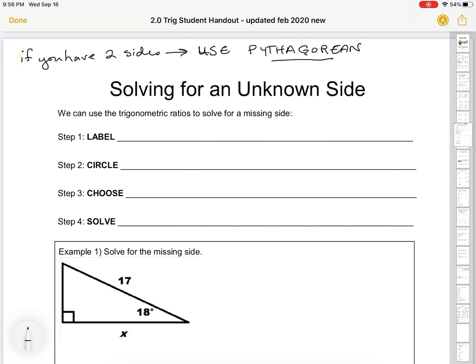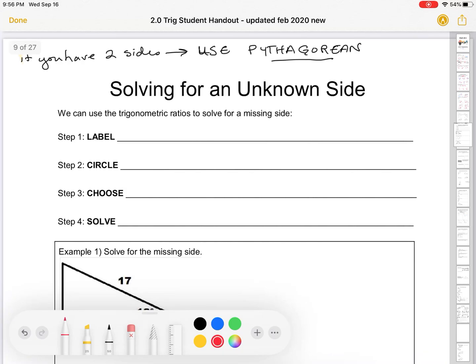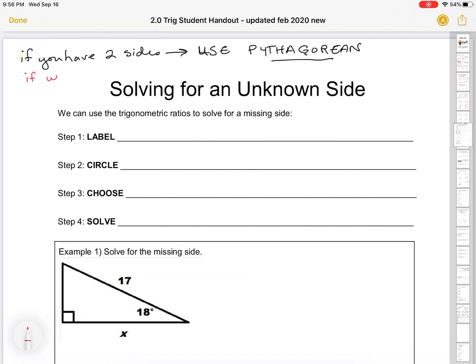A good old Pythagorean. Okay? But if we have a side and an angle, use SOH CAH TOA. Okay? So, let's go through some steps using SOH CAH TOA.